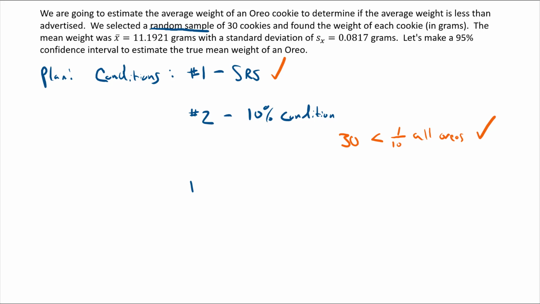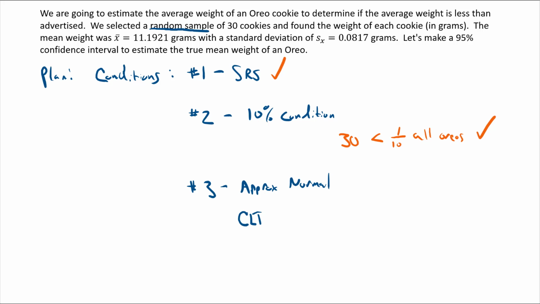And our third condition is to find out if we have an approximately normal distribution. We want to find out the shape of our distribution. Now, in dealing with proportions, we did large counts. And with means, we're going to deal with the central limit theorem.